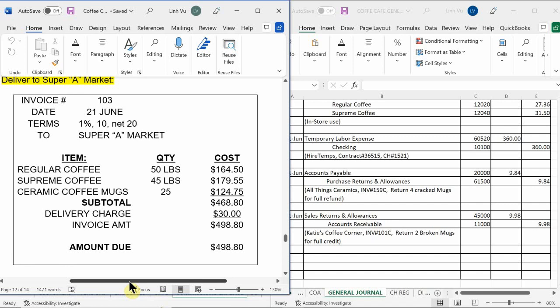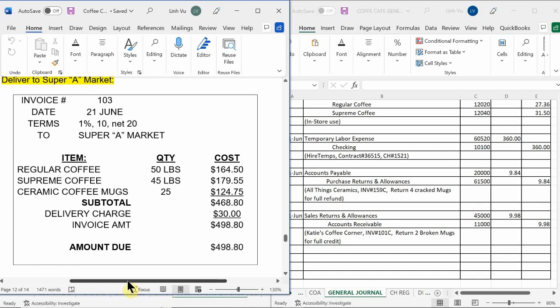We charged them an additional $30 for delivery, and of course, we didn't require any down payments or anything like that. We gave Super A Market some terms. Okay, so you get a 1% 10 net 20. And the total amount that Super A owes is going to be $498.80.